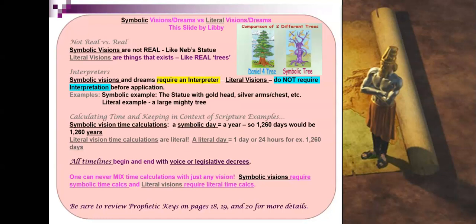But you know what? All of it is prophetic time, but not all of it is prophetic symbolic time. If the visions are literal, then it's prophetic literal time. But there's many that make the mistake that just because it's in a book of prophecy, it's automatically prophetic symbolic time. And that's why we're showing what's happening here in chapter 4.